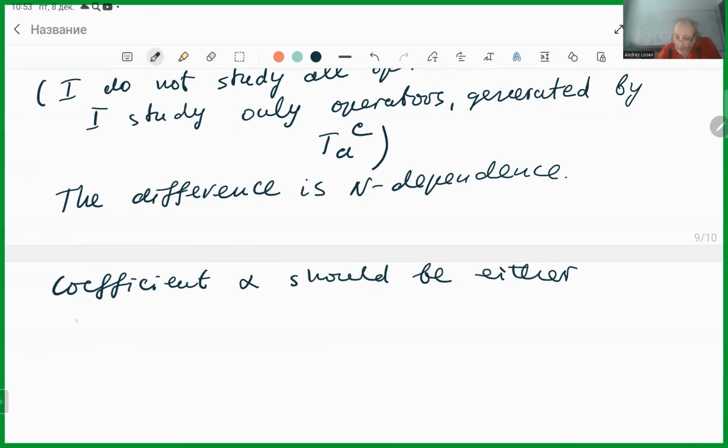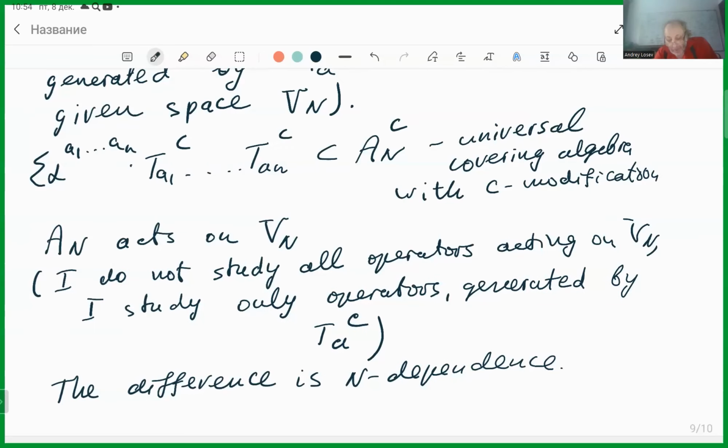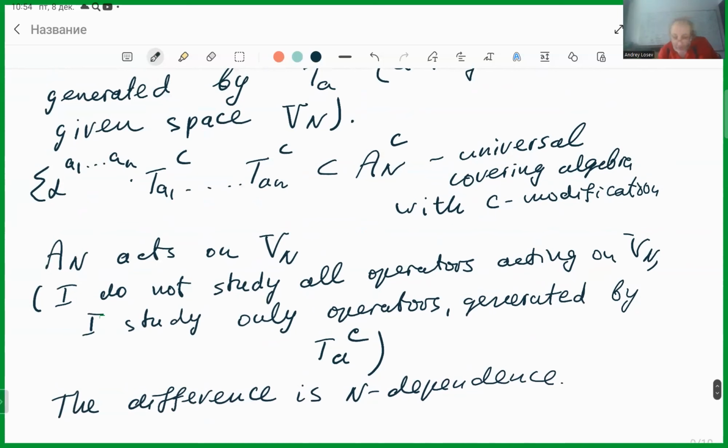Yes, either n independent or going as 1 over n to some power k. Otherwise, it would not form an algebra. I need to be able to multiply two objects of this type and to get an object of the same type. However, commutation relations between t depend on n.